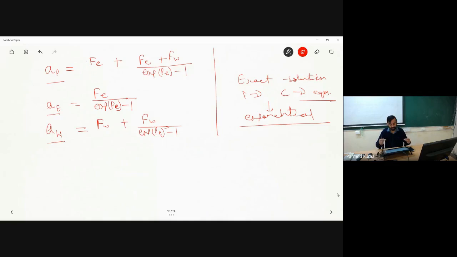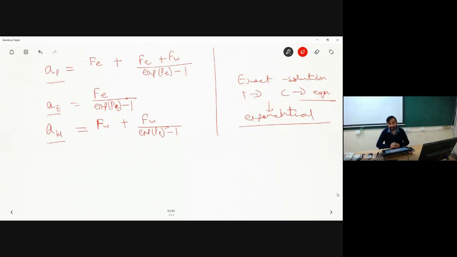Because even if you consider only 2 grid points, say at the boundary nodes, we have already considered that our variation is exponential while deriving the scheme. So irrespective of the number of grid points in the one-dimensional domain, it will always result in a numerical solution identical to the analytical solution. This is a very strong advantage of this scheme.